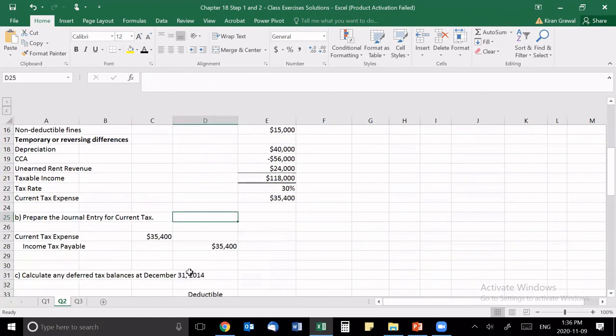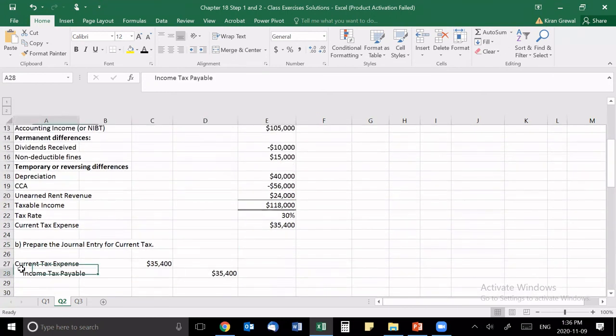So I showed you guys the journal entry here. Debit current tax expense, credit income tax payable for $35,400. So basically what you have gotten from doing your calculation. The last amount, current tax expense here after doing the tax rate, gets you this number here.